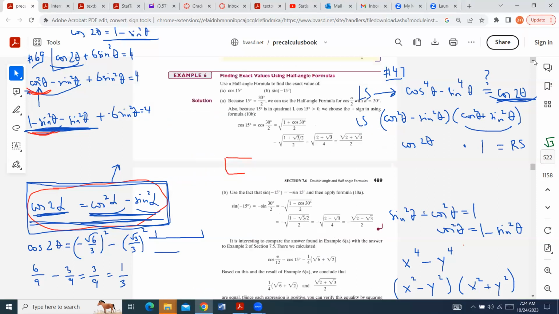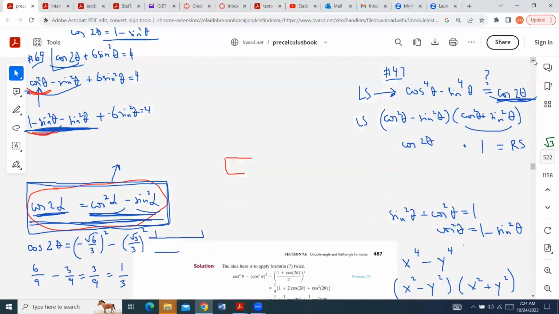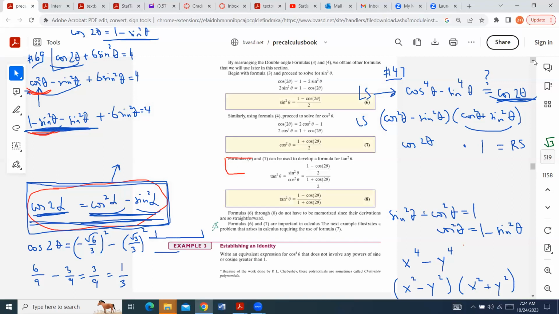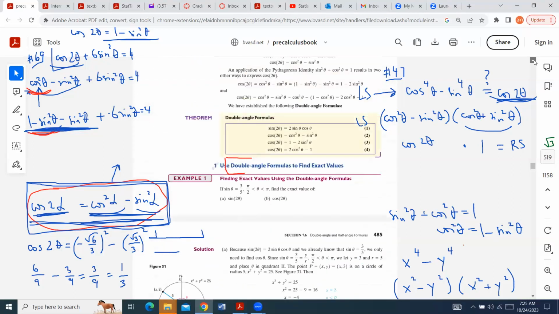It contains that other representation for the cosine of double angle. See, it takes a little time to open. So here it is.